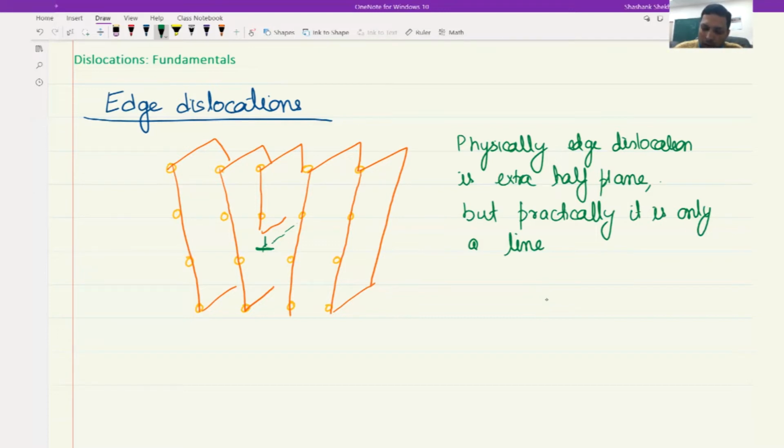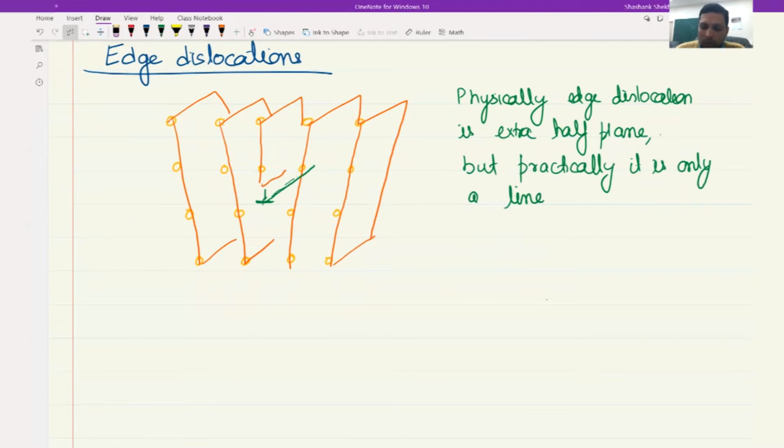And if you were to look at this in TEM, this is the line that would actually appear in your TEM images, because the rest of it is a perfect crystal, and only this line is what is imperfect, which gets reflected in TEM. Now when we have an edge dislocation, we have this line. This is the line practically. So now this line has two distinct vectors associated with it.